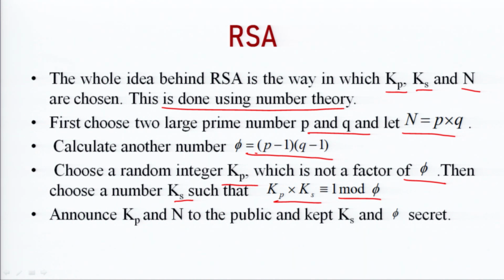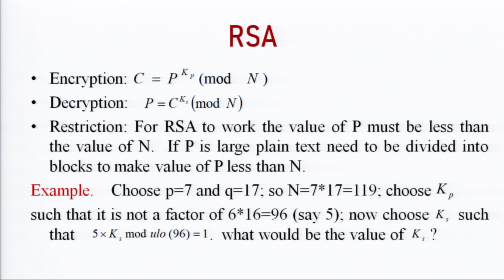In the last step, announce kp and n to the public and keep ks and phi secret.